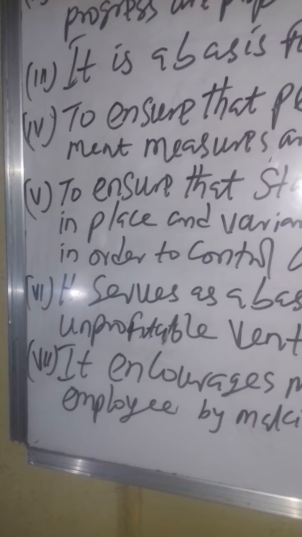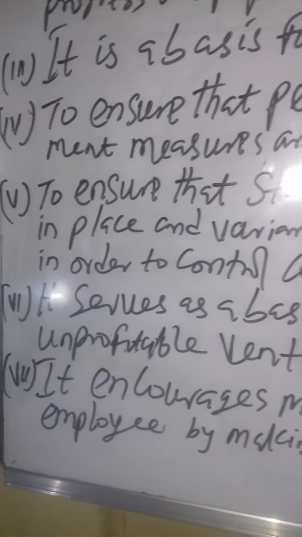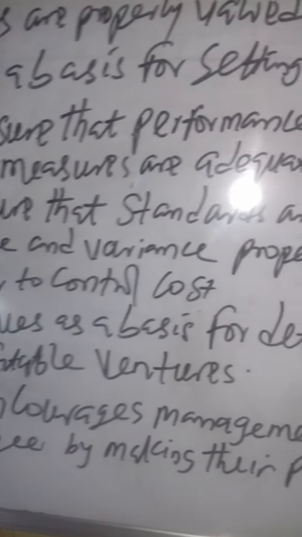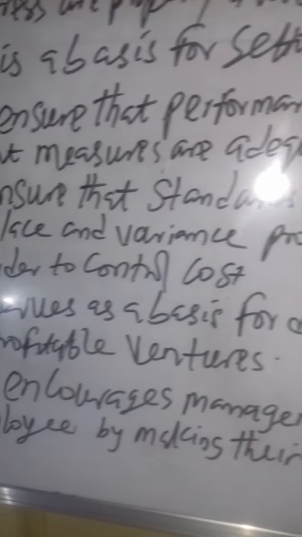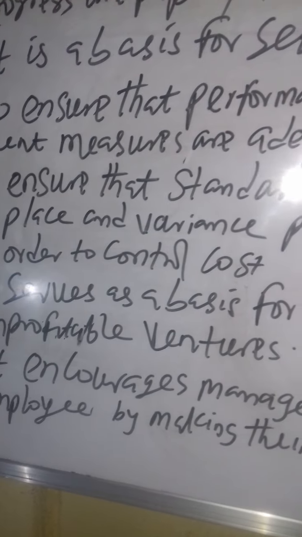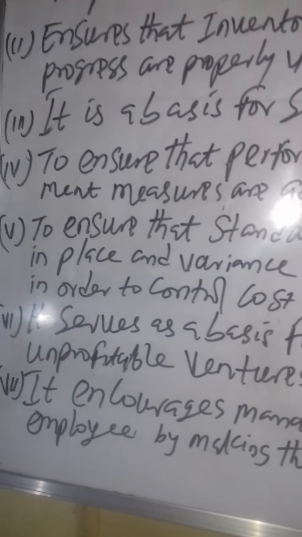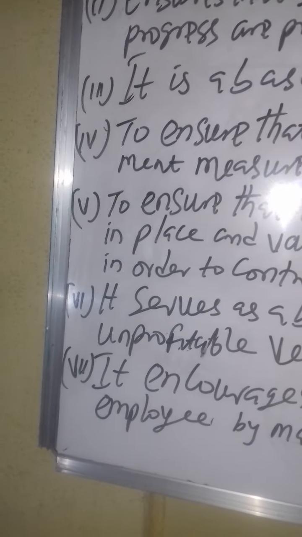Number 5, it ensures that standards are put in place and variance properly analyzed in order to control costs. The major reason for variance analysis is cost control and monitoring.